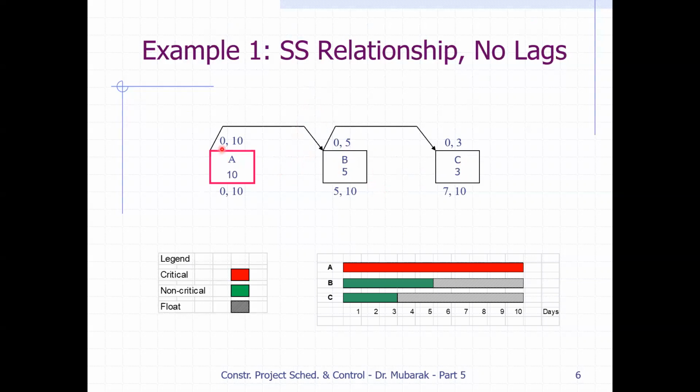So for the start-to-start relationship with no lag, we are making all the activities, as you can see here, start on the same day. So we're giving them 0 starting days. The reason we marked our A activity as a critical activity is that it has the longest duration, which is 10 days.